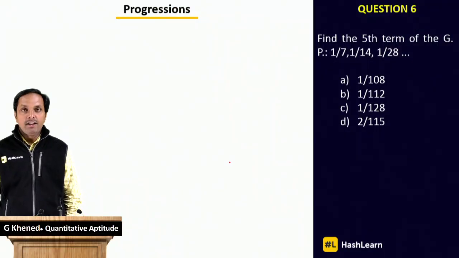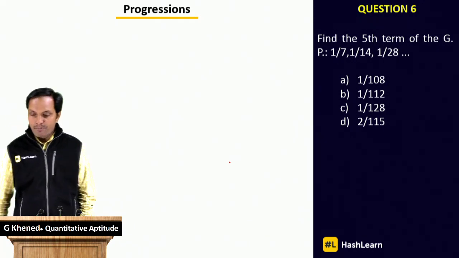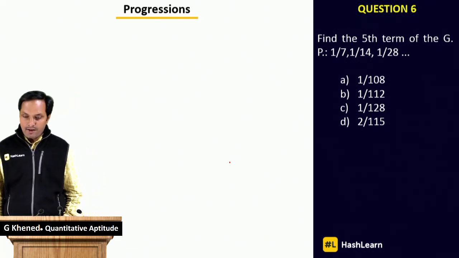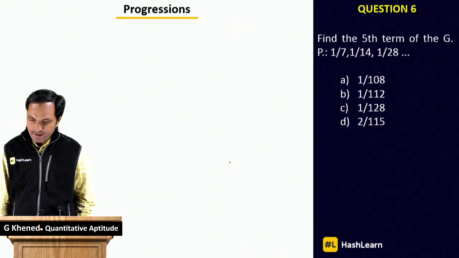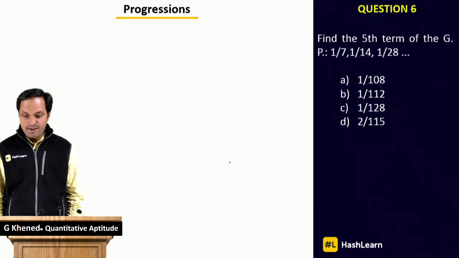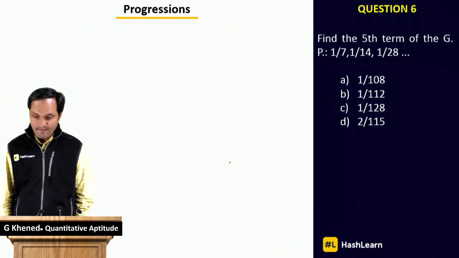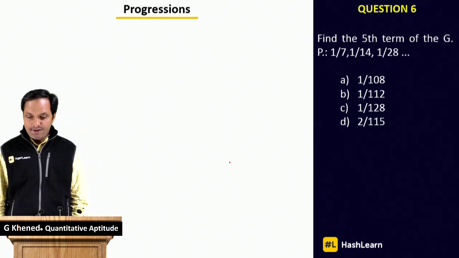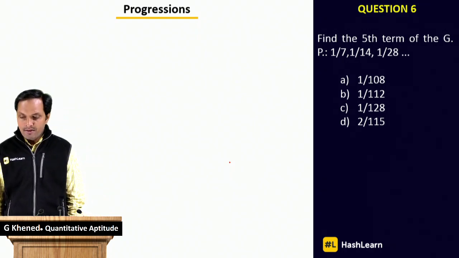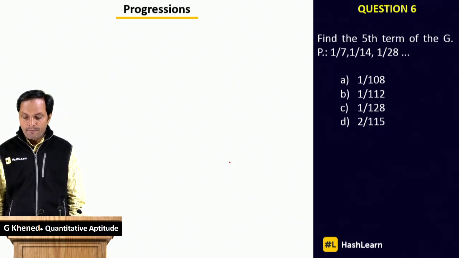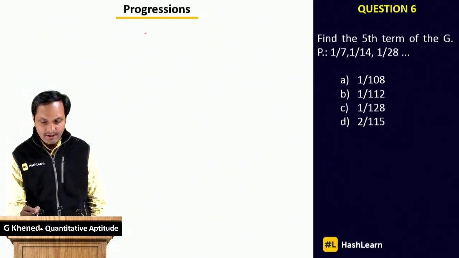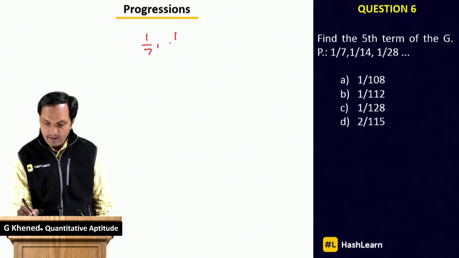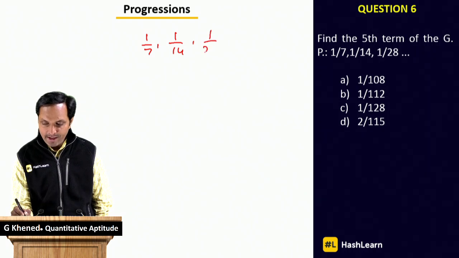Here is the continuation of the problems on the concepts we have covered just now, that is geometric progression. Find the fifth term of a GP, and the GP is given as 1 by 7, 1 by 14 and 1 by 28.